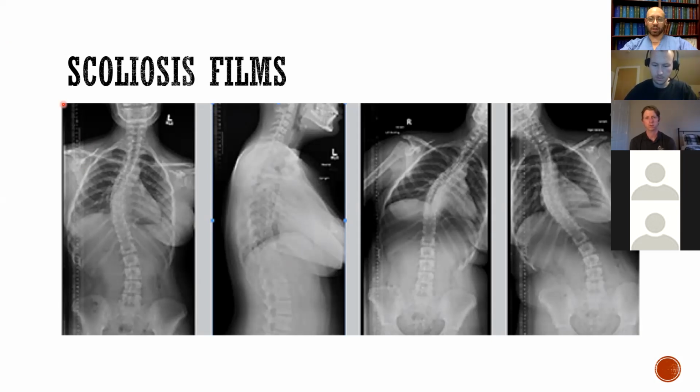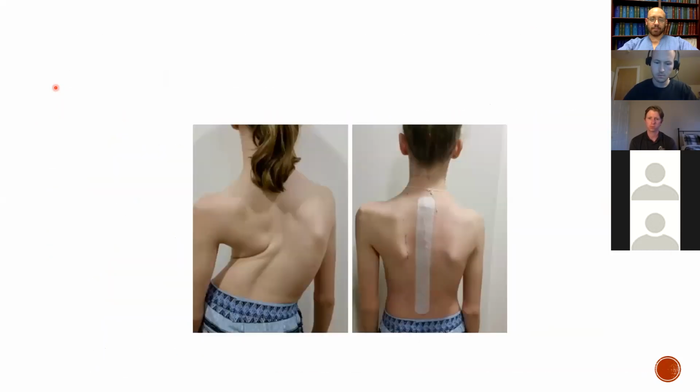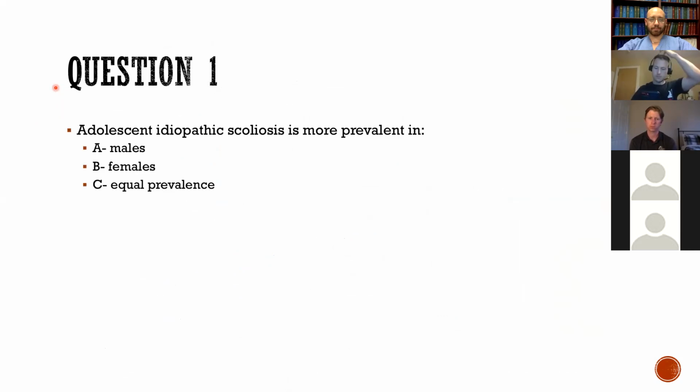Then you'll use either cancellous bone chips, or different companies have different types of bone graft that you can use. You lay that in along your whole construct at your pedicles, and then close the muscle over that.